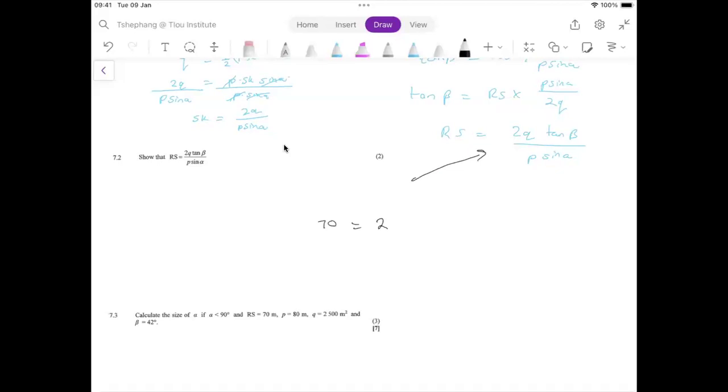Okay, so Q, they said it's 2,500. Then tan, what is beta? It's 42, all over P, I should have it, it's 80, and then sine of alpha. Hope everyone is with me there.